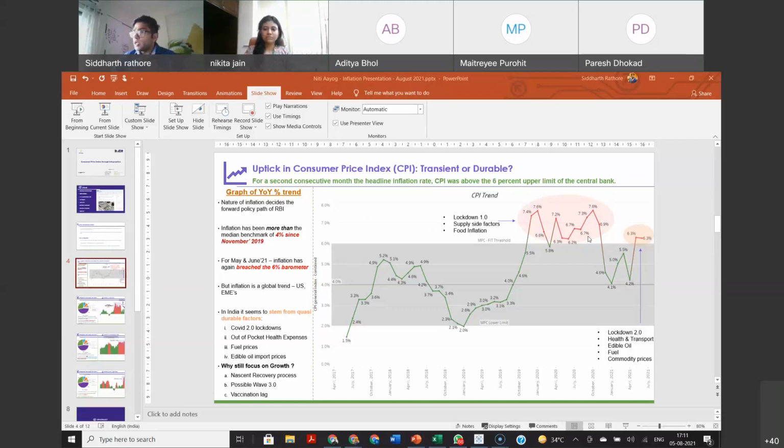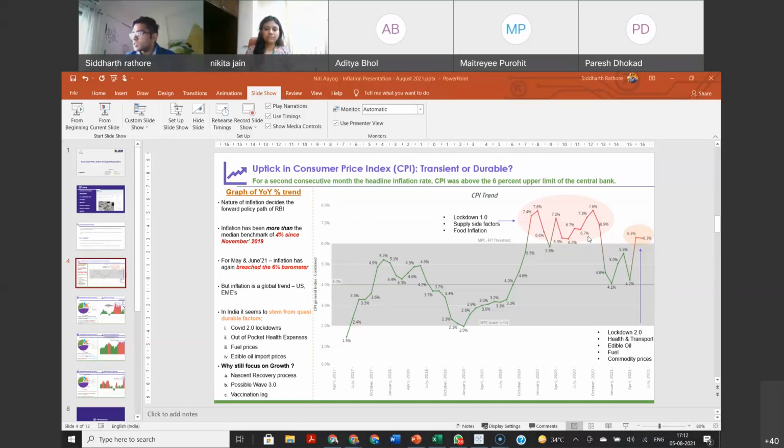Also, we are not completely vaccinated. Our vaccination rate is still around 40-50%, and we could possibly have an impact of COVID 3.0. Taking all these factors into account, RBI is deciding not to go for a rate hike. And similar has been the logic across the advanced economies.